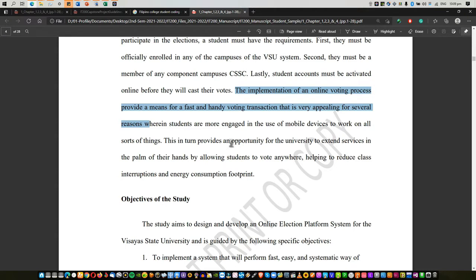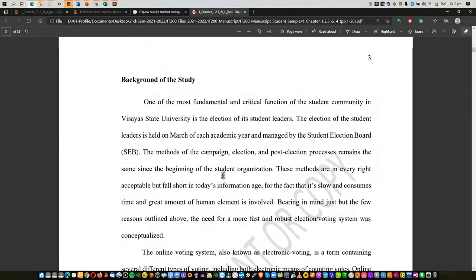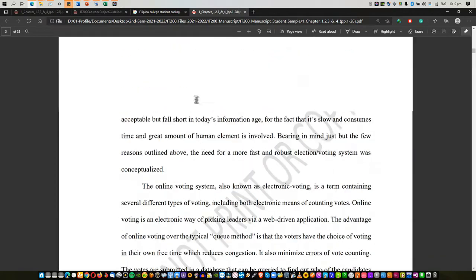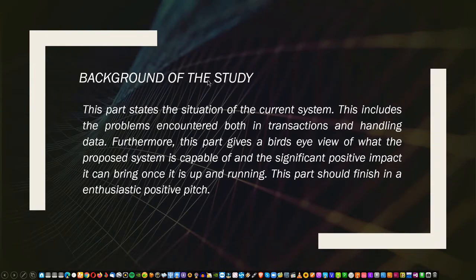This in turn provides an opportunity for the university to extend services in the palm of their hands by allowing students to vote anywhere, helping to reduce class interruptions and energy consumption footprint. So that is a background of the study. So going back to its definition, it states the situation of the current system.